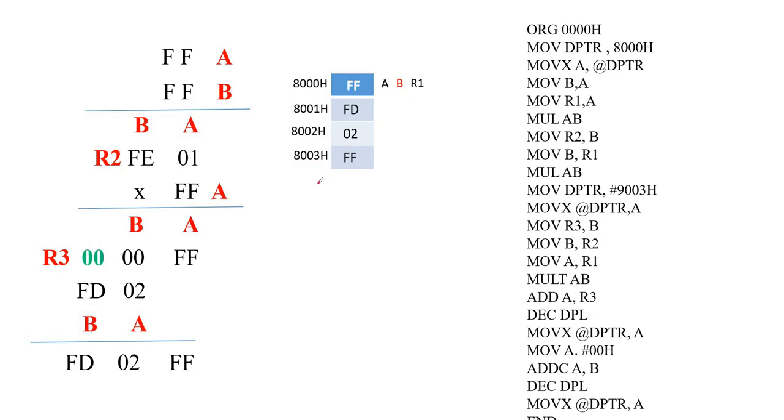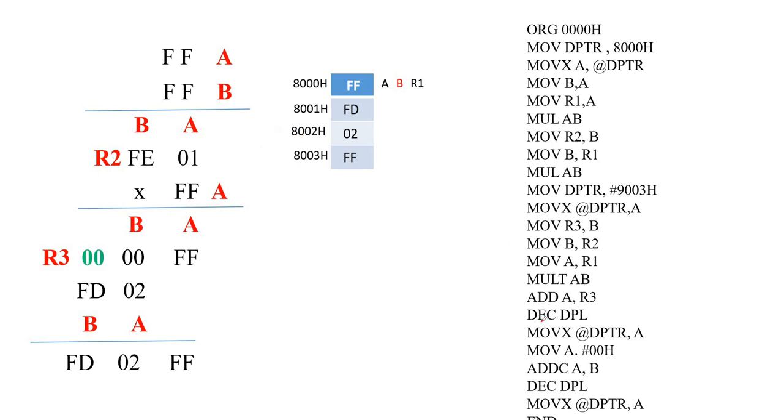8003 should be decremented to 8002, but as we don't have any decrement DPTR instruction in 8051, instead we will use decrement DPL. That is the lower byte of the DPTR, it will be decremented, and so 8003 will become 8002.